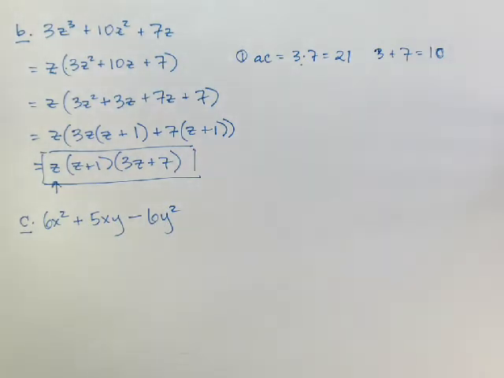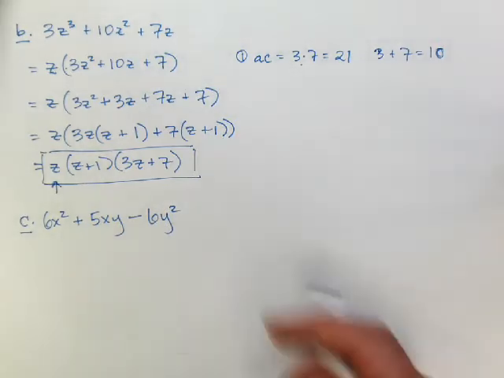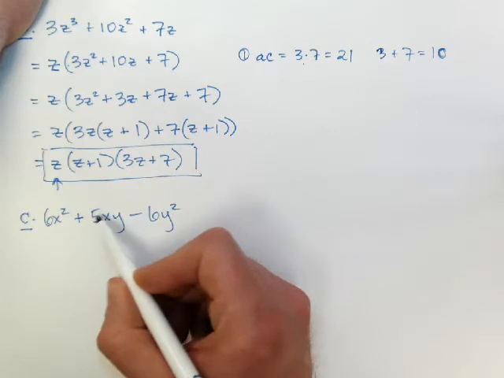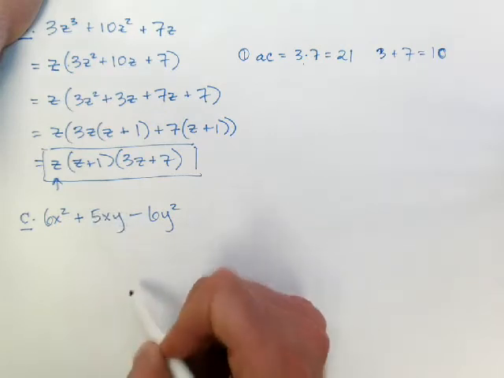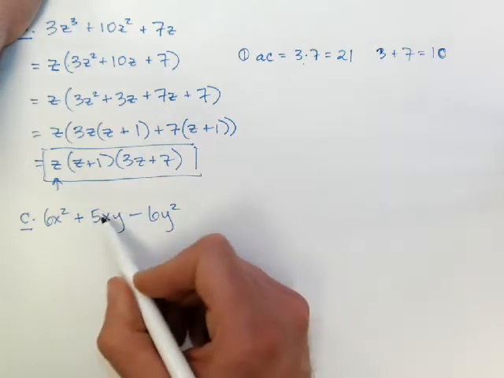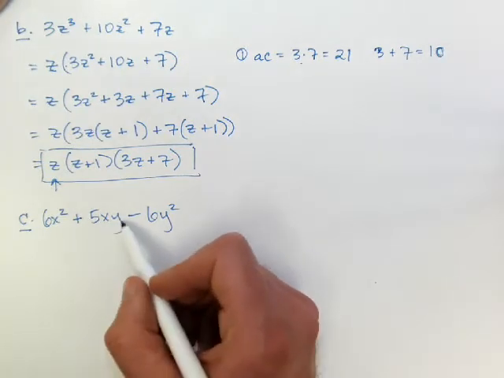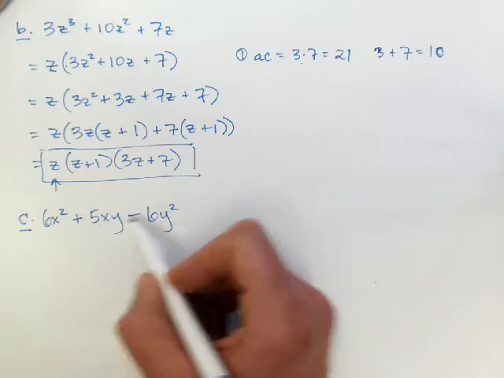All right. So again, with this one, I think it is useful to think of the y as going with the coefficient, as being kind of another number, and then focus on x for the AC method.